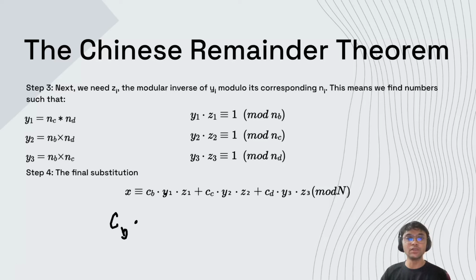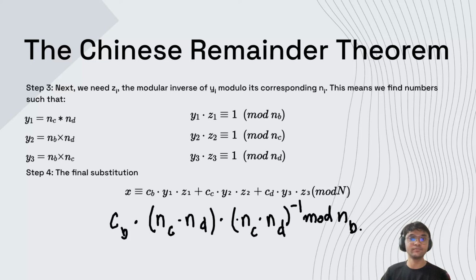We already know the value of Y1, which is N sub C times N sub D. We already know the value of Z1 at this point, which is the inverse of N sub C times N sub D modulo NB. That is the expression that we need to calculate for the first one. We've simply substituted the values that we've calculated.